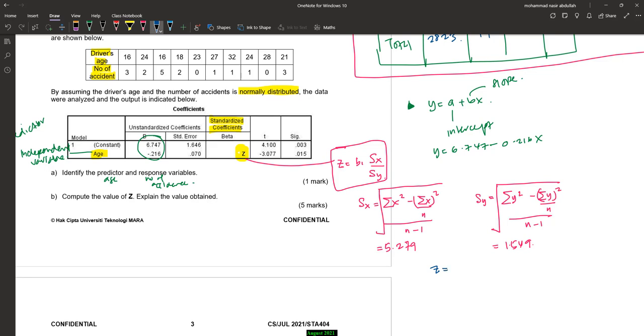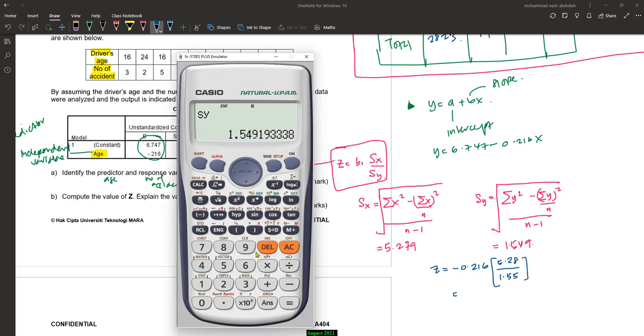So Z should be equal to negative 0.216 multiply with 5 point, I say I made 2 decimal point lah, 28 divided by 1.55. So this one should be berapa? 5.28 divided by 1.55 multiply with 0.216 should be negative.